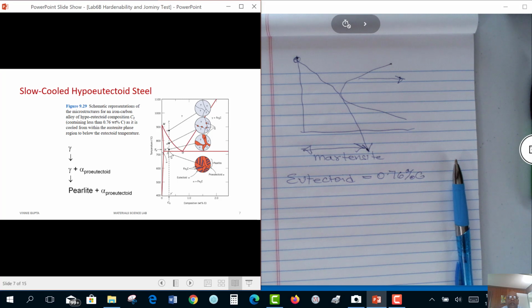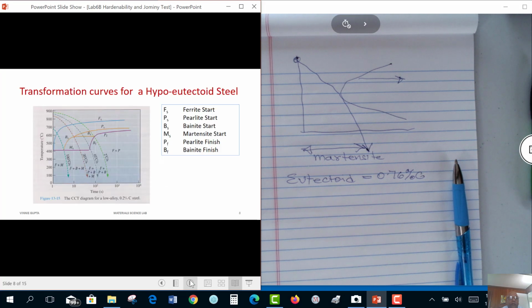And then once we reach the eutectoid temperature, the pearlite will begin to form. Also notice the C curve has moved so much that it is almost touching the y-axis. That means it will be very difficult to form 100% martensite unless we quench it so fast that we never touch this blue curve.